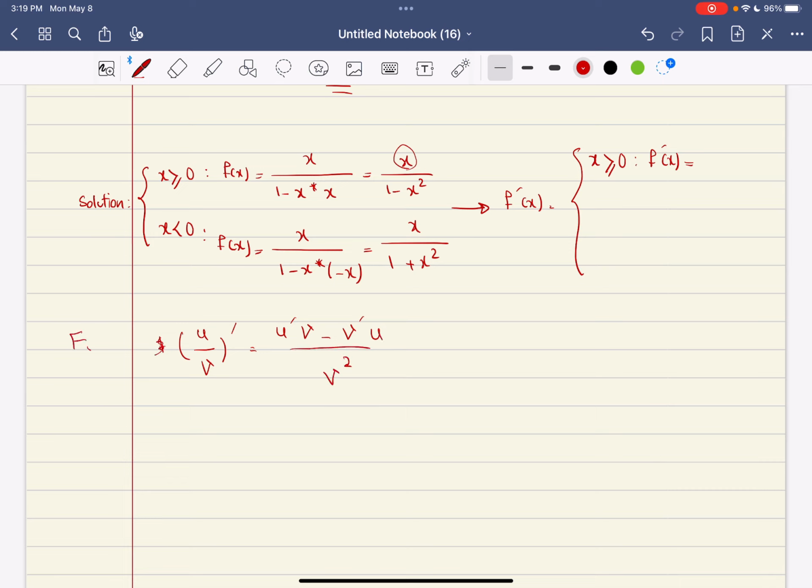It's a formula or a rule. U and v are functions. So in here, u is x and v is 1 minus x to the power of 2. So let's apply the formula here.